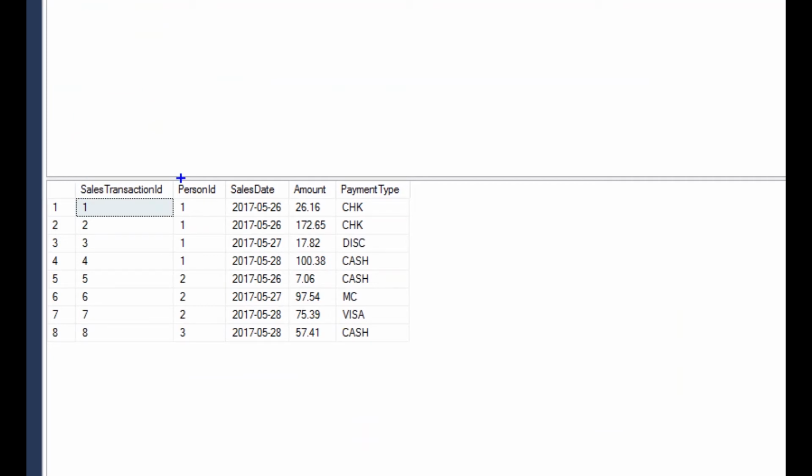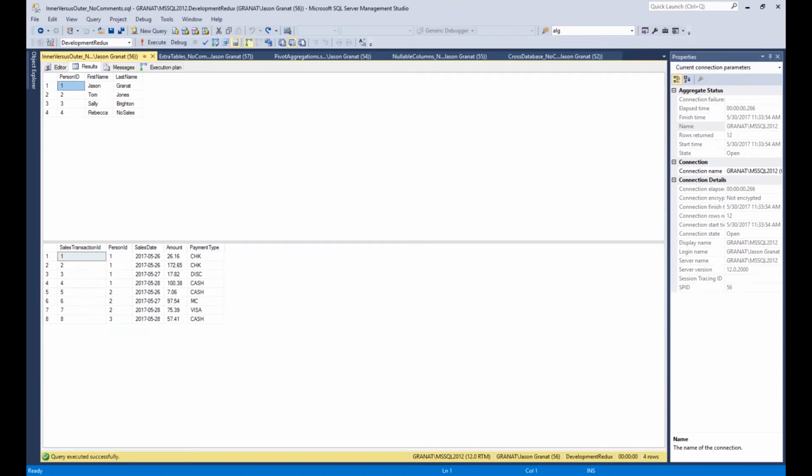So my second table is some sales transactions, right? I have a person ID here that ties back to my person table. I just have a sales date and amount, and then I'm just using a payment type for purposes of, you know, is it a check, is it Discover, cash, MasterCard, Visa. So these tables are just for the purposes of illustrating my demo.